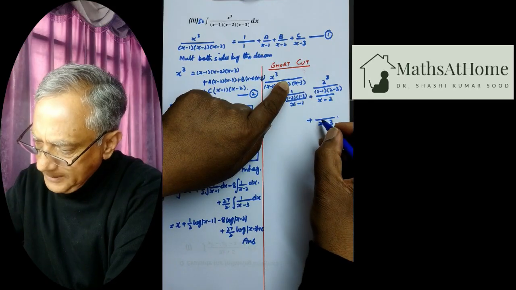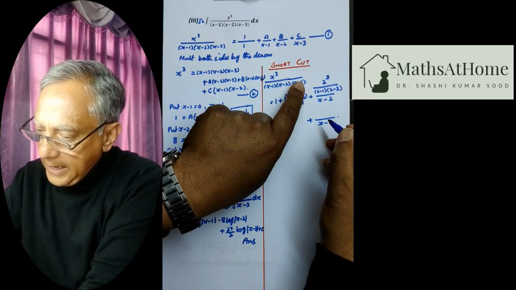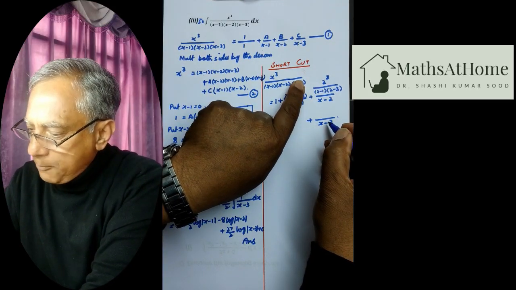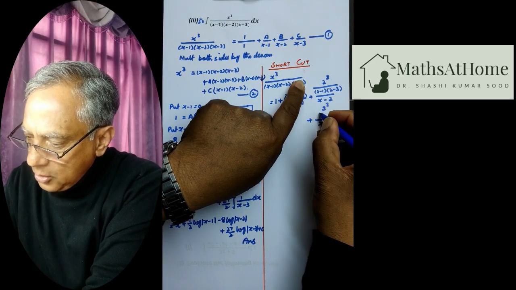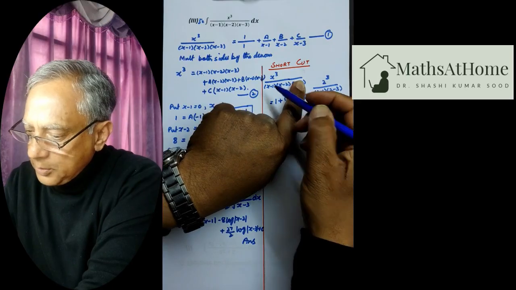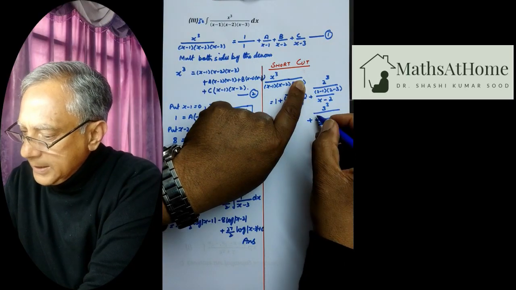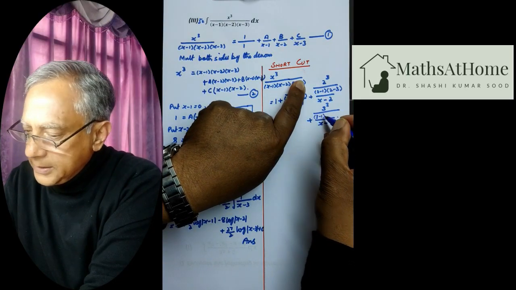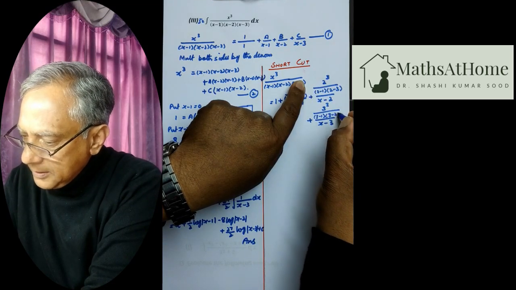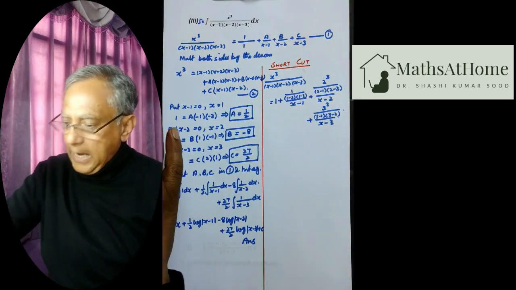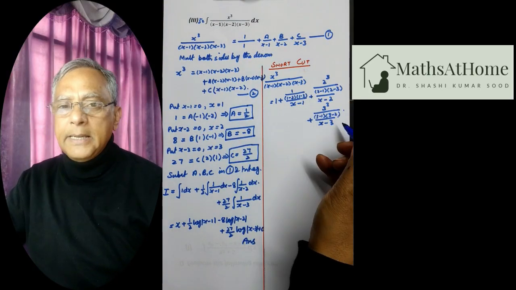And for this, we will hide x minus 3 and put x equal to 3 in the rest. So this will be 3 cube divided by 3 minus 1 into 3 minus 2. So we get all these constants in a single step.